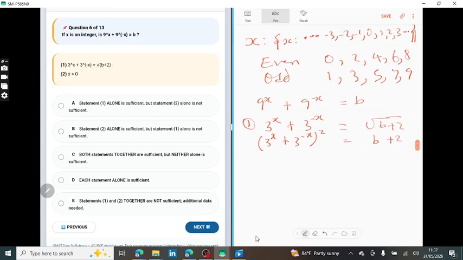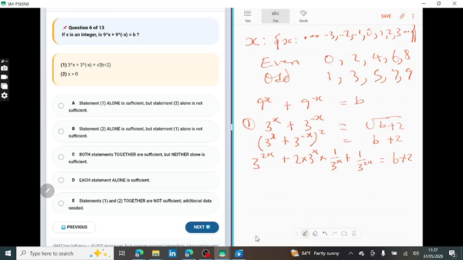When we do that, this is going to be 3 raised to the power 2s plus 2 times 3 raised to the power s times 3 raised to the power minus s, which is actually 1, plus the square of this one, that is 1 over 3 raised to the power 2s, equals b plus 2.